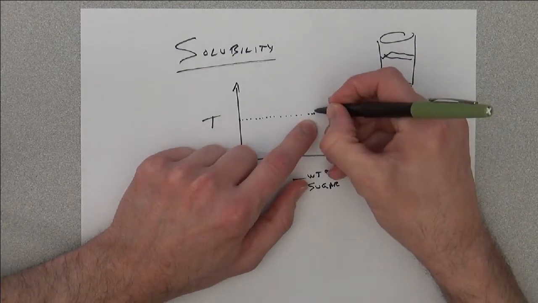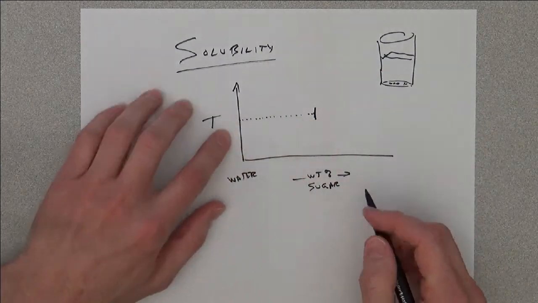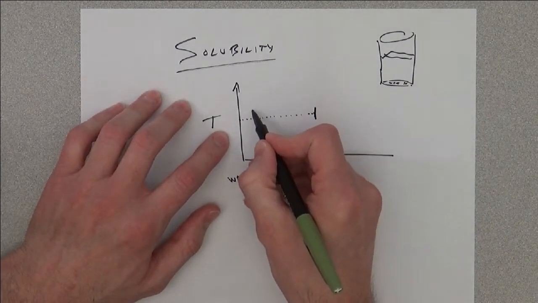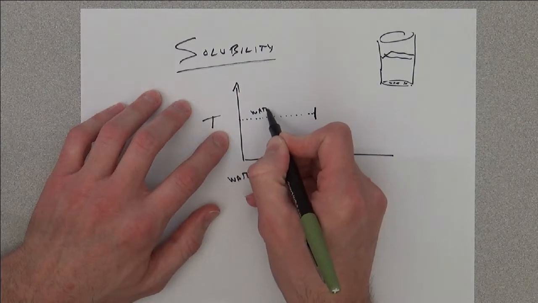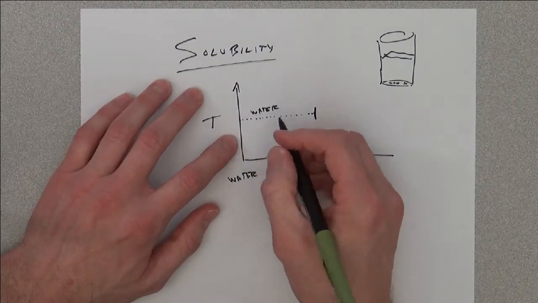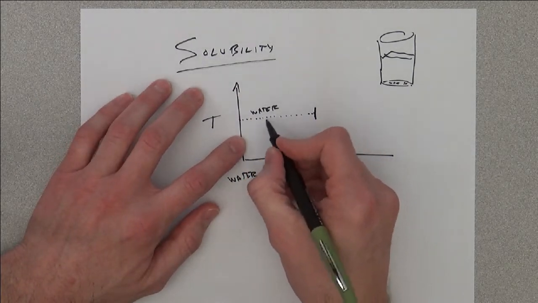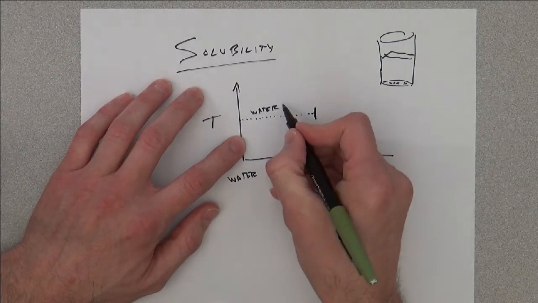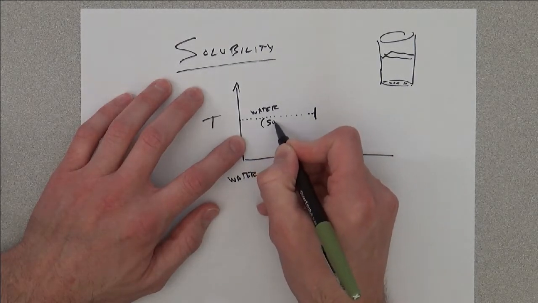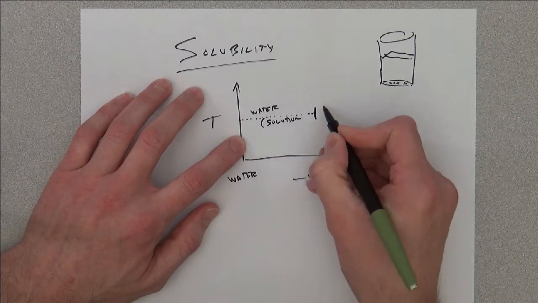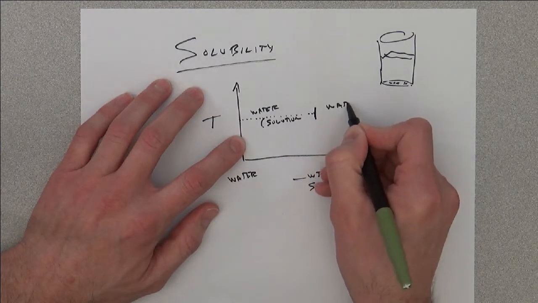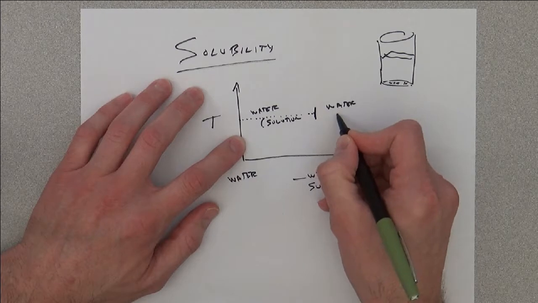And that point represents a change, where here is water. And that's a solution. And on this side, we have water and sugar.